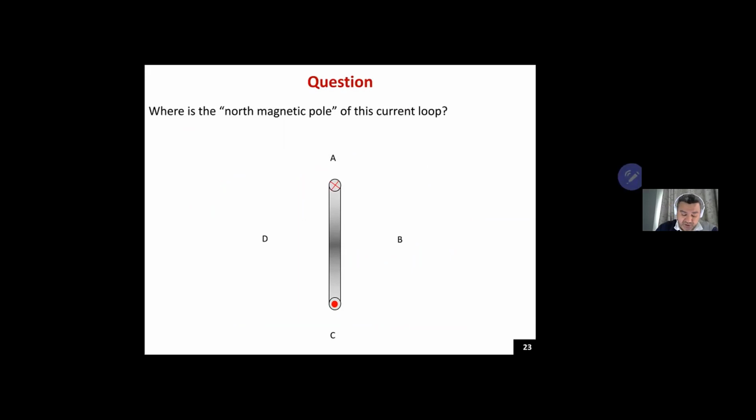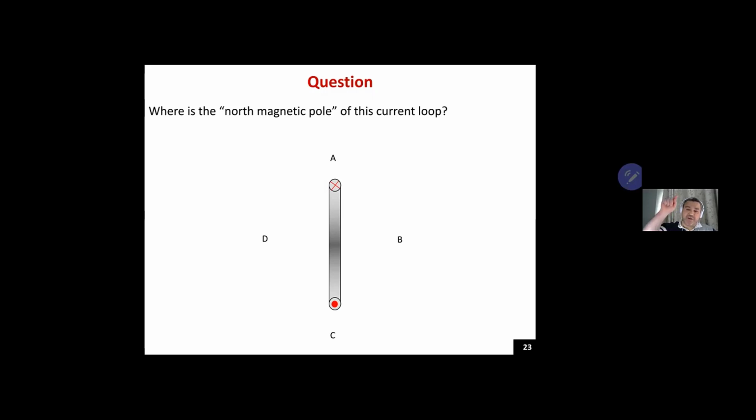Let's look at this question where we're asked to find the north magnetic pole of this current loop. If you want to find the north magnetic pole, this means you need to use the right hand rule in order to define the direction of the magnetic field.